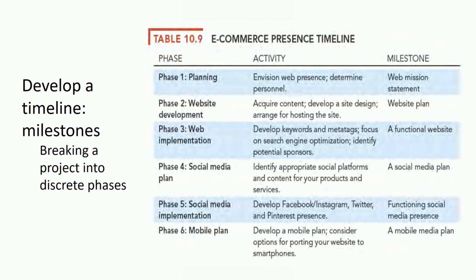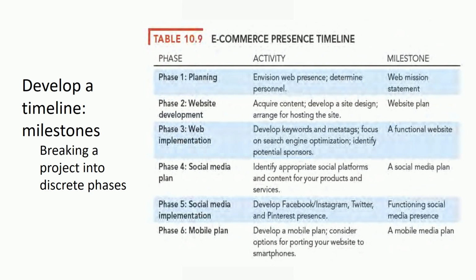So this is the timeline. Phase one, you need to do planning. So it's web presence and determine the personnel. And then the next one is website development, which is to acquire the content, develop the site design, and then arrange for hosting the site.